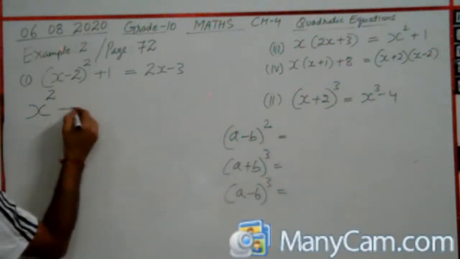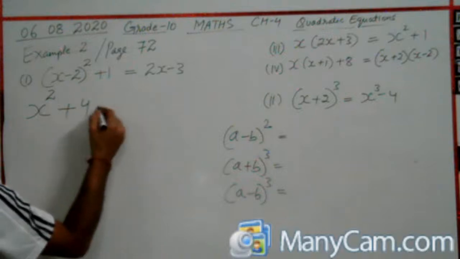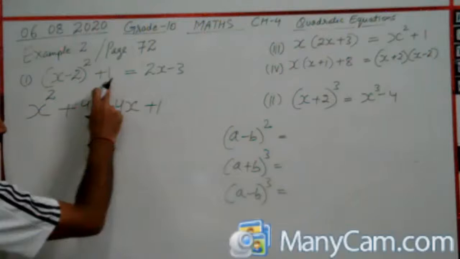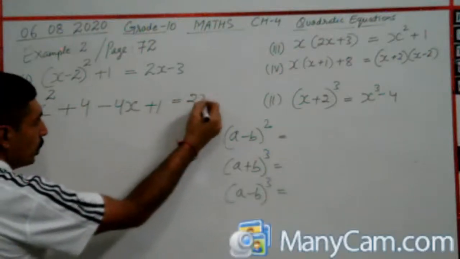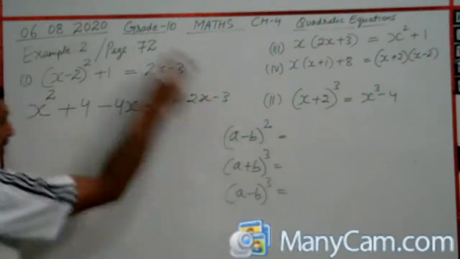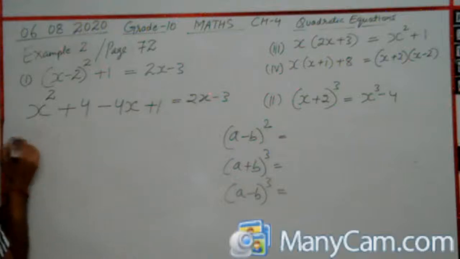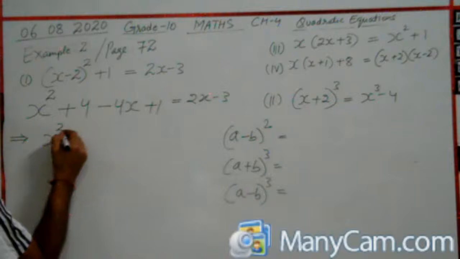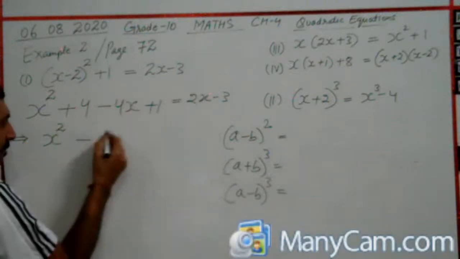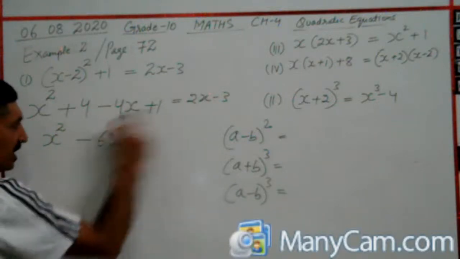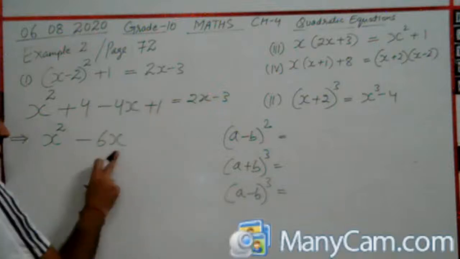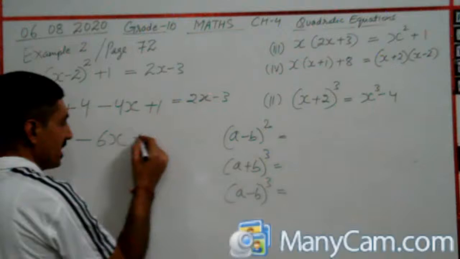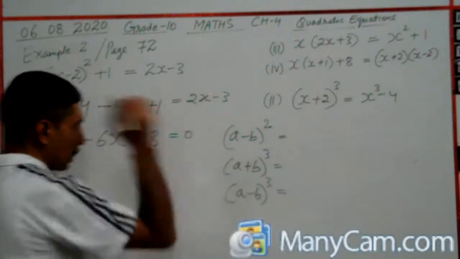So here, this is x square plus 4 minus 4x plus 1, which is equal to 2x minus 3. When we take 2x to the left, this further implies x square minus 6x, since 4x minus 2x... the constant is 5 plus 3, which is 8, is equal to 0.